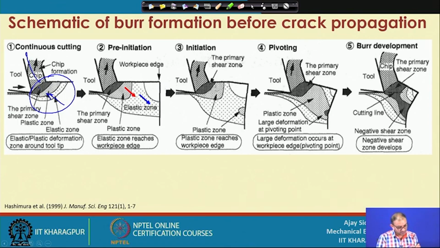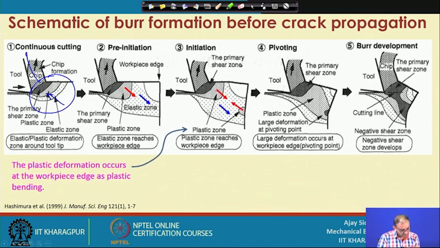Now, the third step is initiation. Why is it called initiation? Because this is the plastic zone, and one more plastic zone occurs, because now if you see this particular thing, it is bent a little bit. This was a right angle, but now it is bending. So, this is called the nucleation.